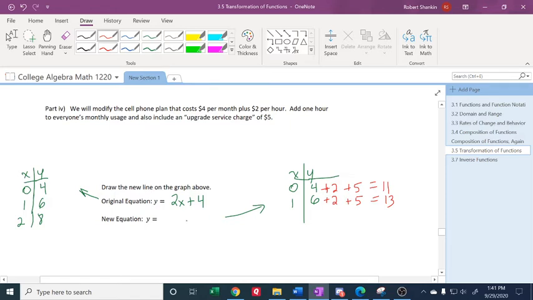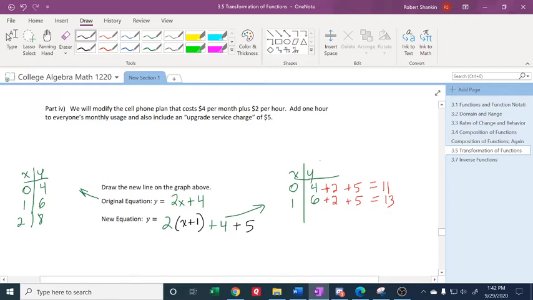So now, a couple ways to think of how we could add $7. One way to think of it is this. We replace x with x plus 1. We added 1 to everyone's monthly usage. And then we had the normal plus 4. But then we did plus $5.